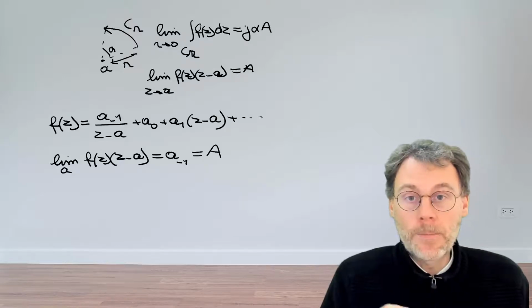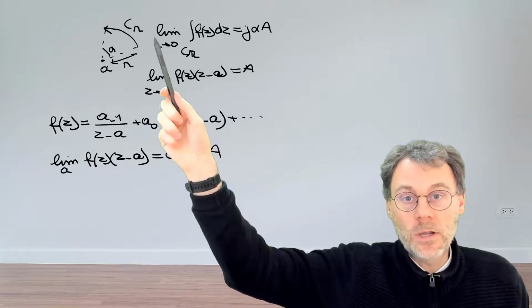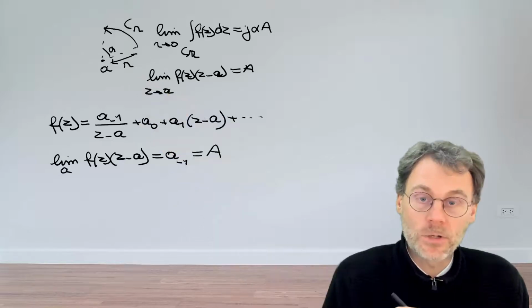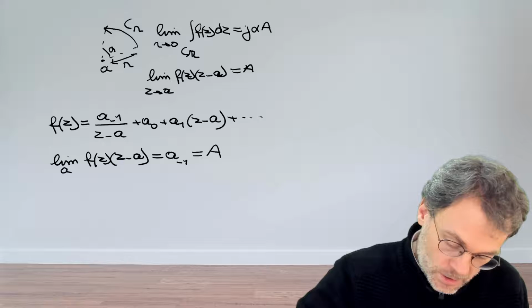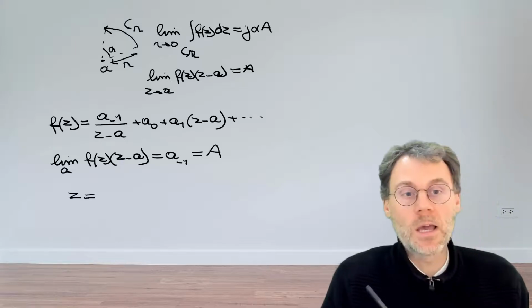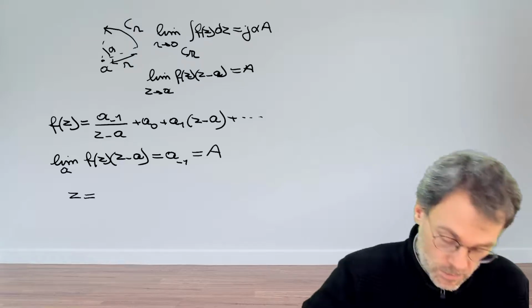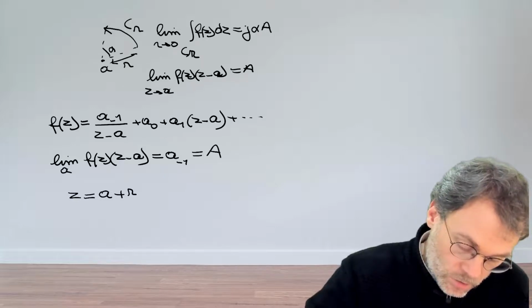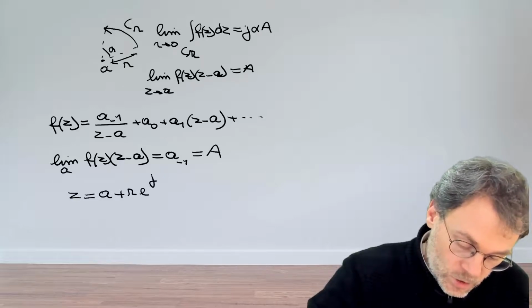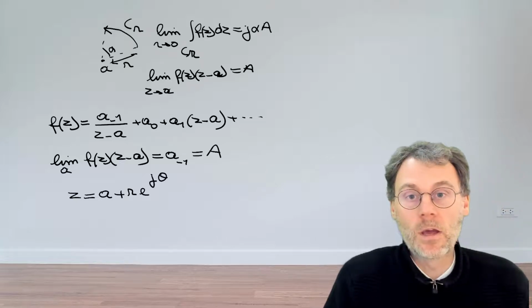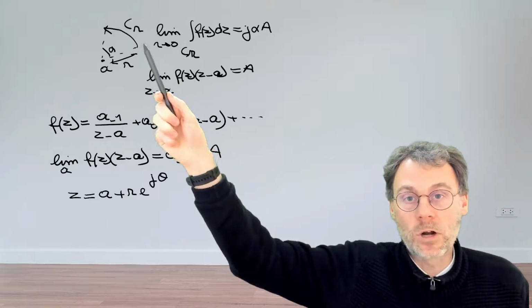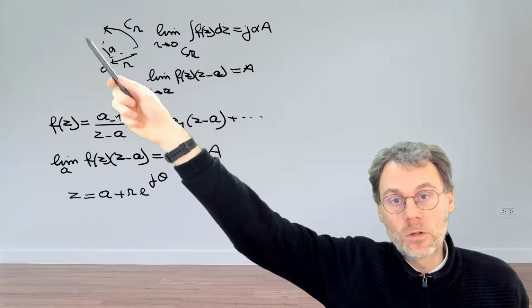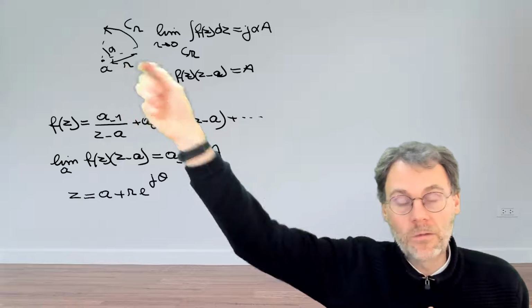Right. Next step is trying to calculate that integral using parameterization. So if we do that, we know that z can be written as a, the center of the circle, plus r, the radius of the circle, times exponential j theta, with theta running from a certain starting value to another value, which is alpha further.